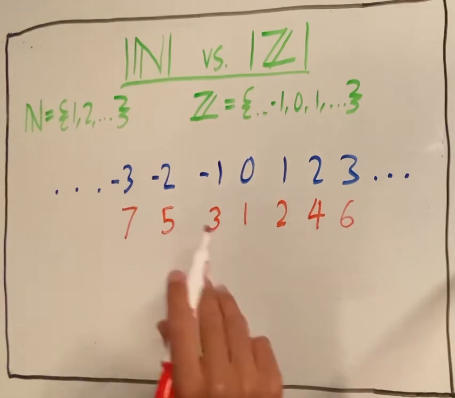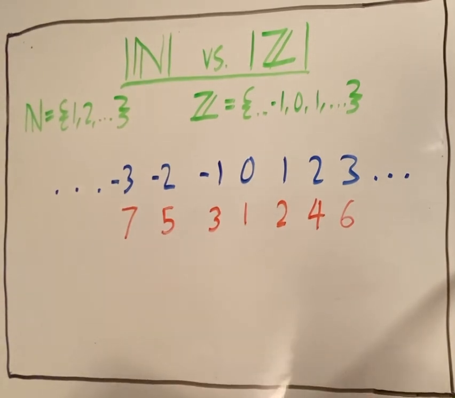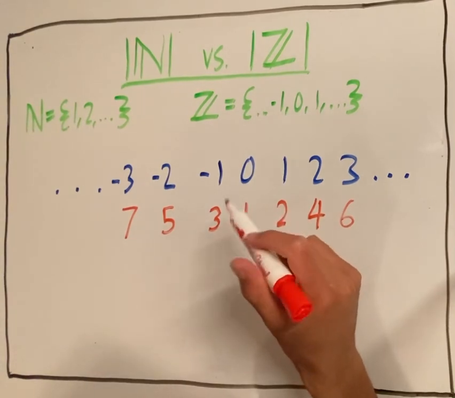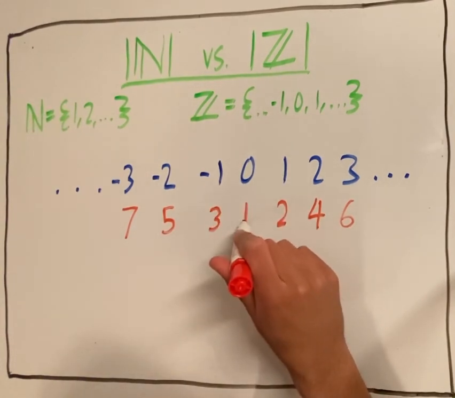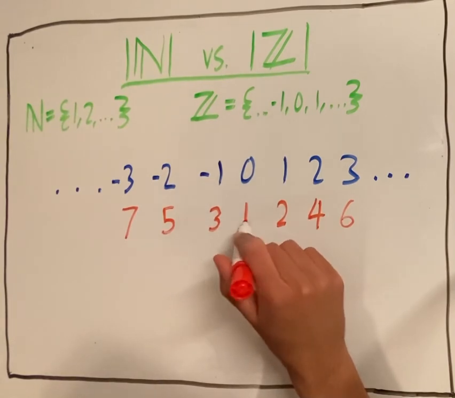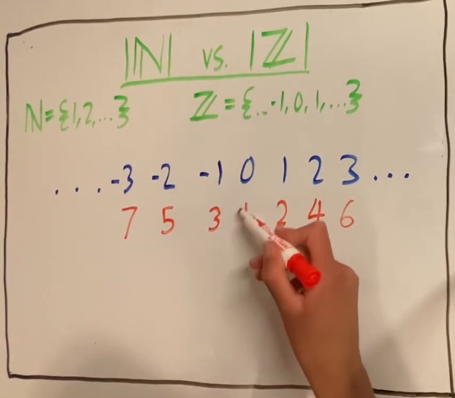So this is an intuitive way to think about this mapping, and it's quite clear that it is injective, meaning that all of the natural numbers map to different integers because we're moving every time.